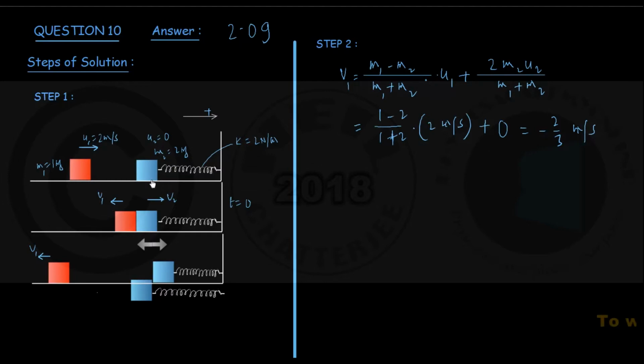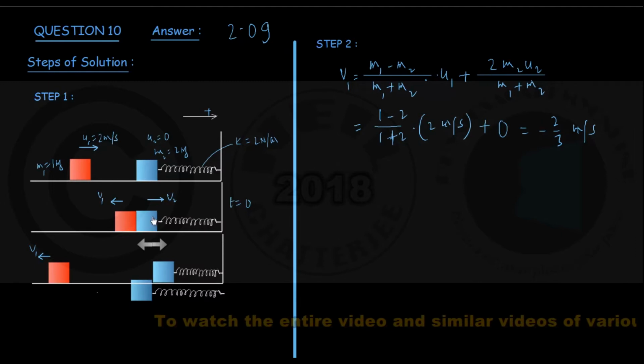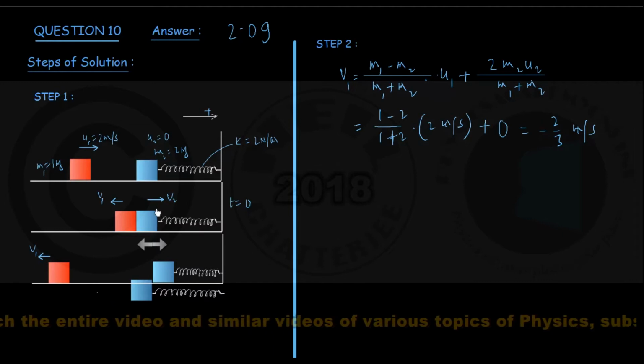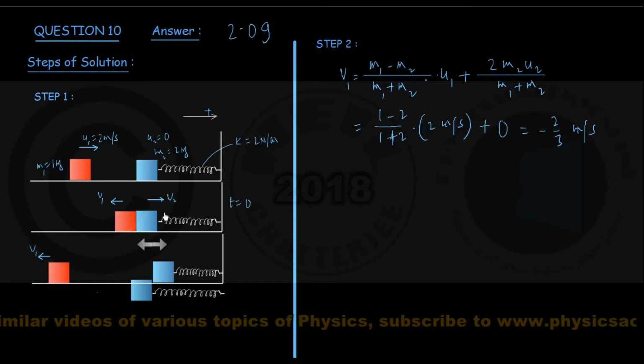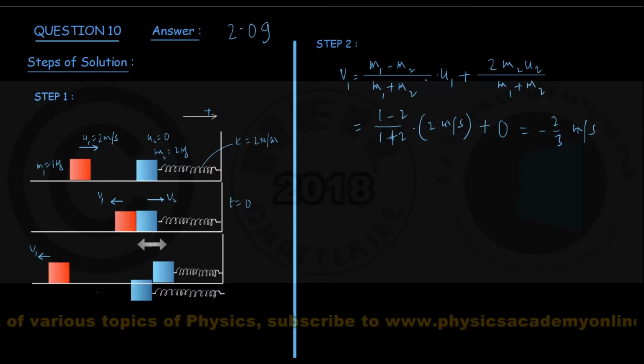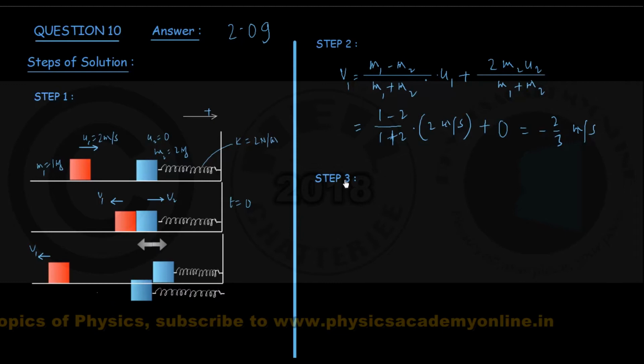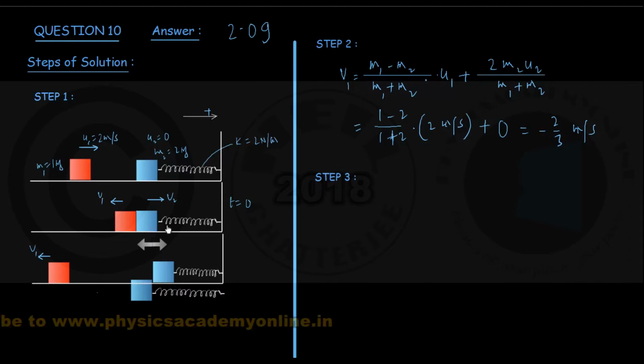As we explained, although we have got a formula for v2, this velocity of this blue colored block just after the collision, we don't require that. For the simple reason, this block does not travel freely. It only performs simple harmonic motion. So the next step is, what is the time period of that simple harmonic motion of this block attached at the end of the spring?